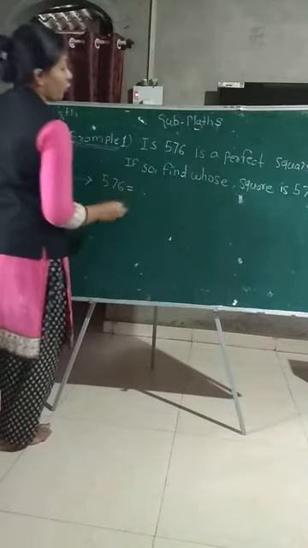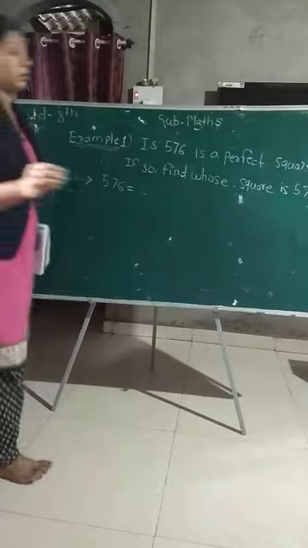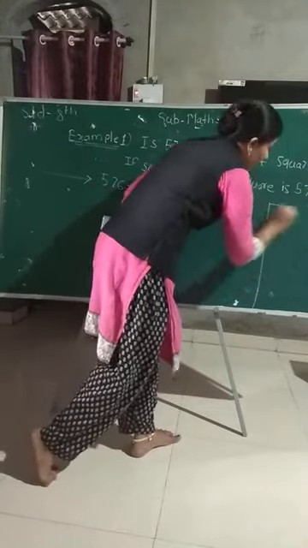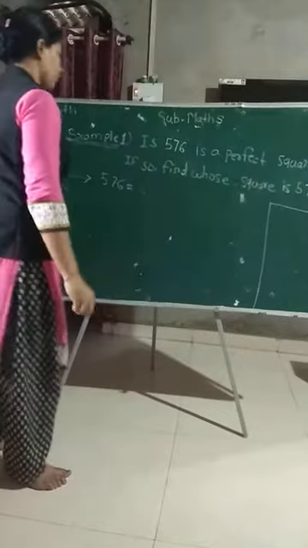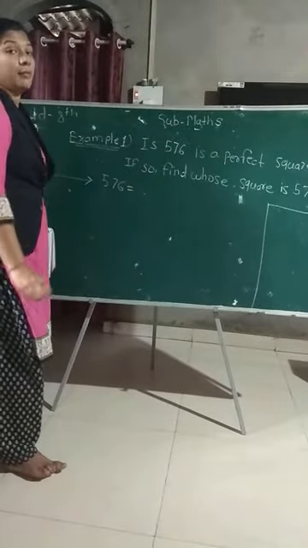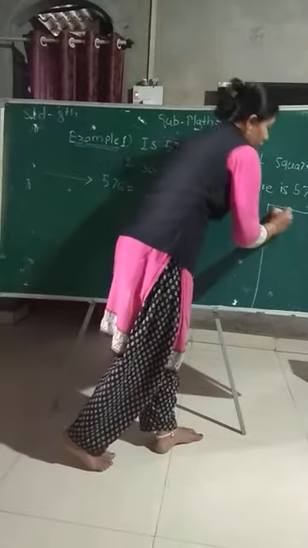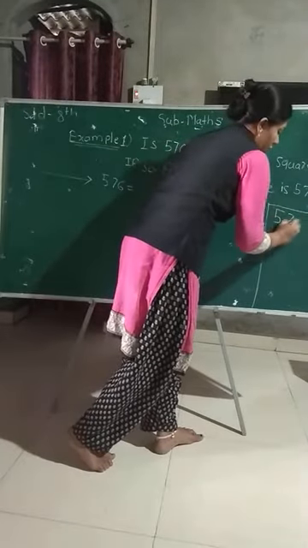How to find prime factors? 2 is a prime number, 3 is also a prime number. Find only prime factors of this number. Write the number 576.